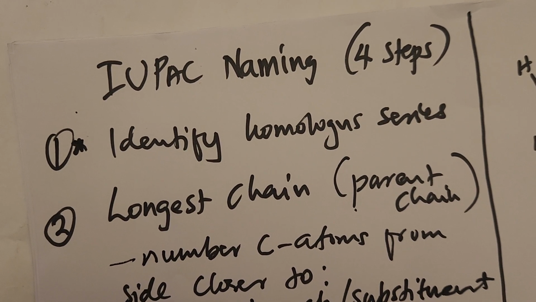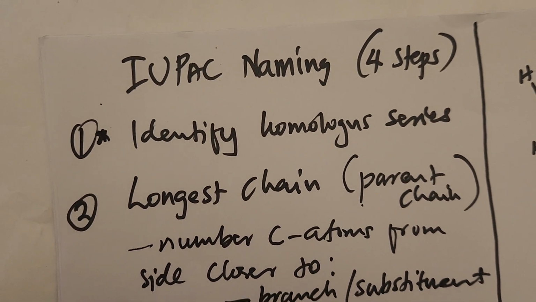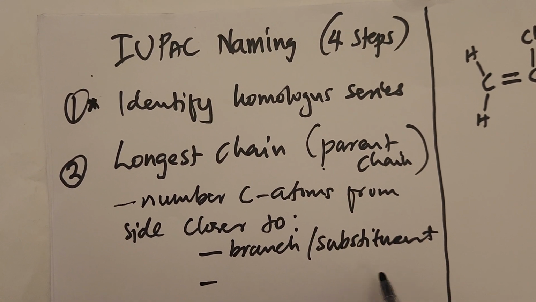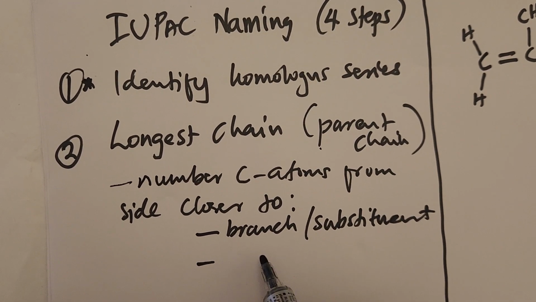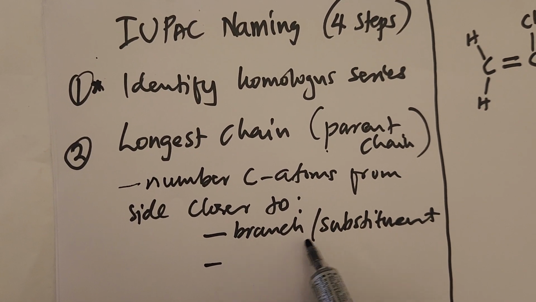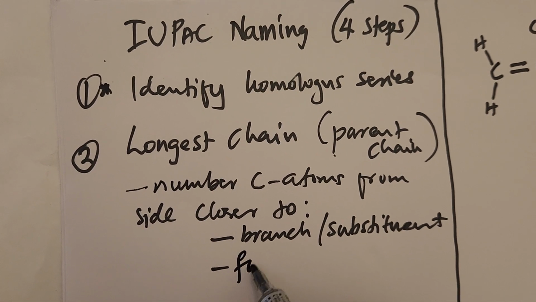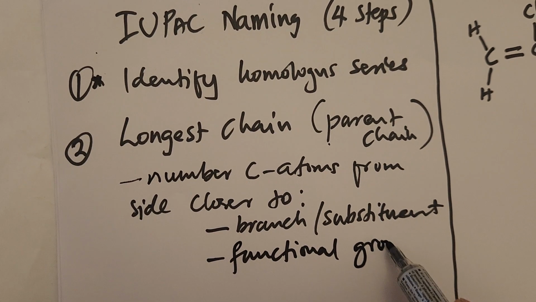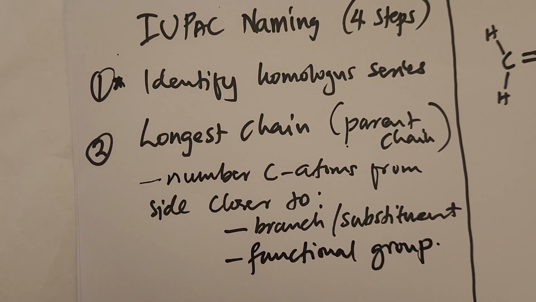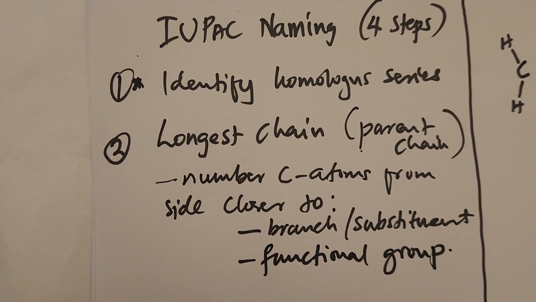This applies to alkanes, but if it's an alkene or alkyne onwards, we follow the functional group, the side closer to the functional group. If it's an alcohol, then you go to the side closer to the OH.